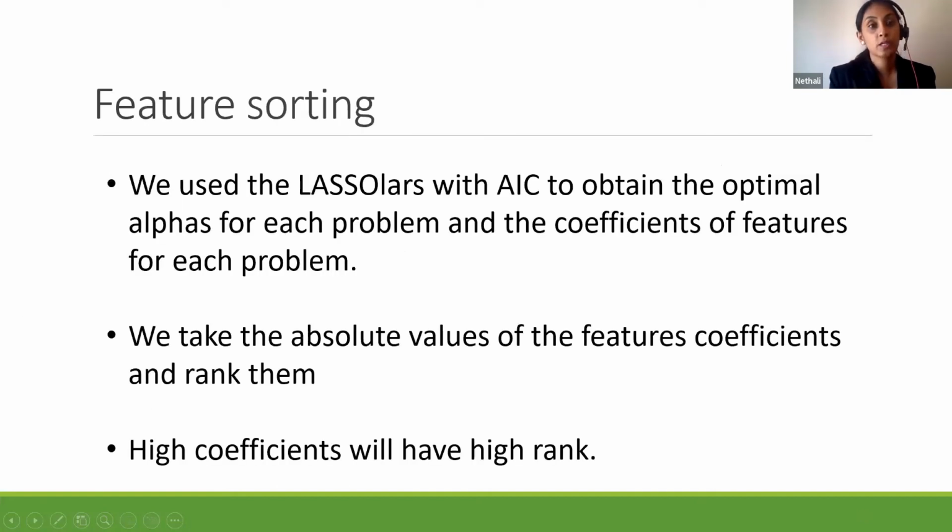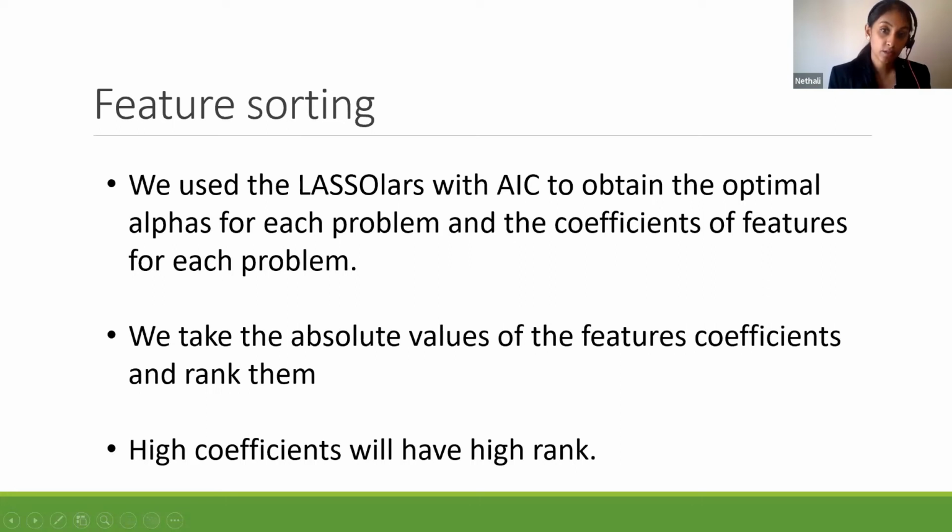So about feature sorting, we used lasso loss with AIC, Akaike information criteria. If you do not know that, it's basically helping you, if you have two models and you want to pick one, the AIC. So AIC is a value, and the model with the lower AIC is the better model. So this is what we use to get the coefficients of our problem, which are like our features.